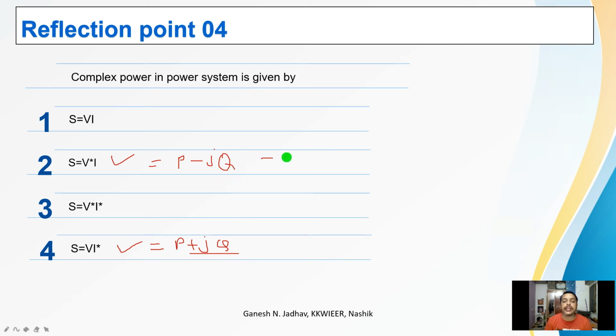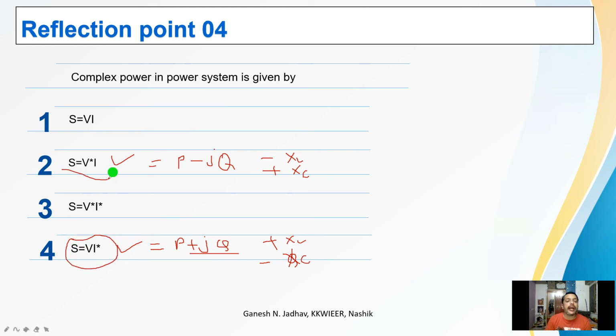So here minus indicates inductive reactive power, so Q is in terms of inductor, and plus indicates it is the capacitive reactive power. And here the plus indicates it is the inductive reactive power, and minus indicates capacitive reactive power, XC. Generally in India, we have adopted that S is equal to V into I conjugate.